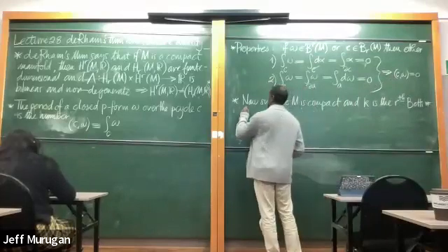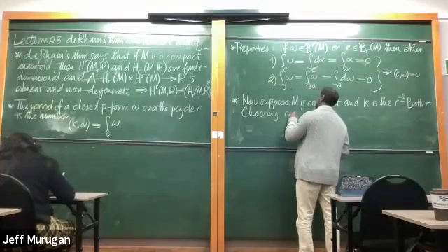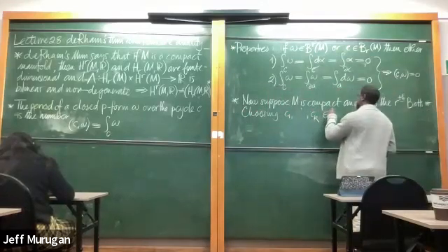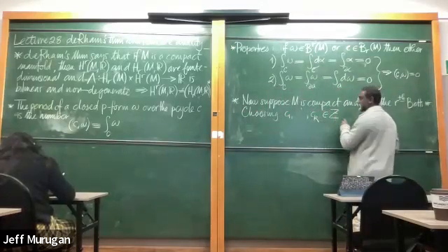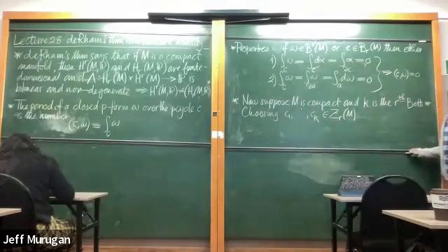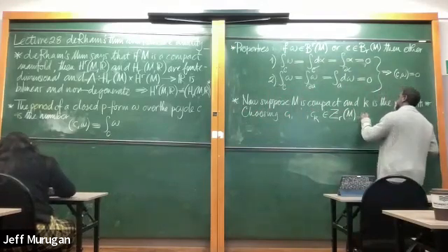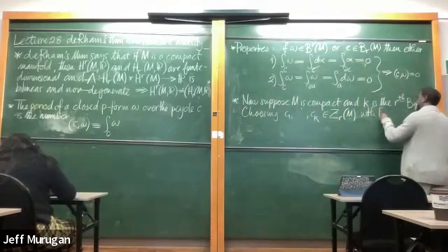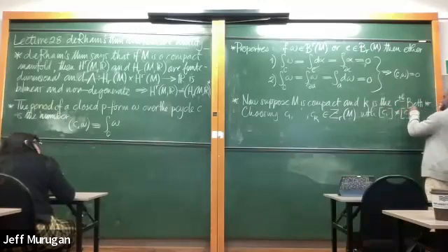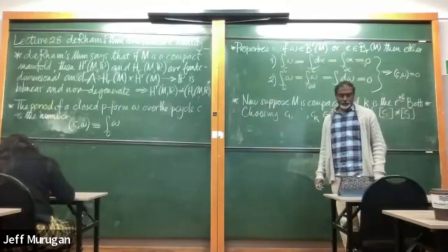Now I'm going to choose C_1 to C_k to be p-cycles on M, and I'm choosing them such that the equivalence class of C_i is different from the equivalence class of C_j for all the j's going from 1 to k.